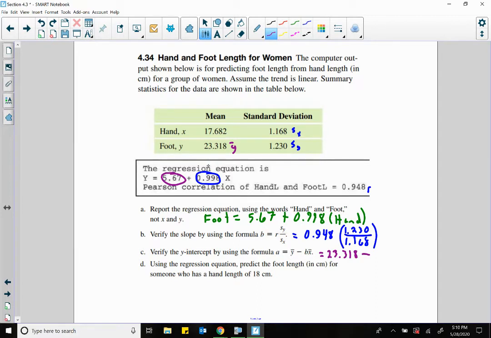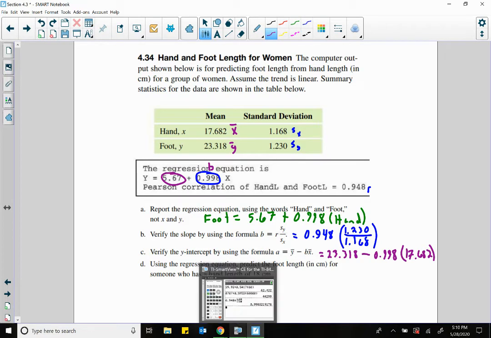That's the B. 0.998. And we're going to multiply that by the mean of the X, which is right there, 17.682.